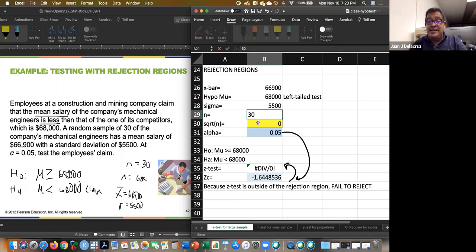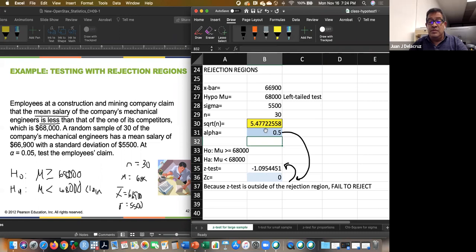So once I type this, I am going to find the C-test. We have very clearly a left tail test. So we have to account for that. So we have a level of significance that is 5%. So I'm going to say a 5% alpha.